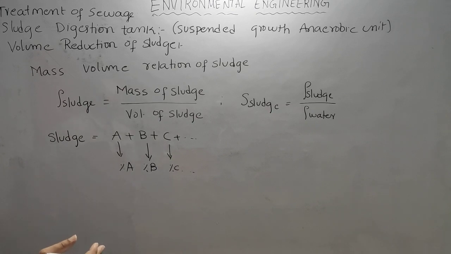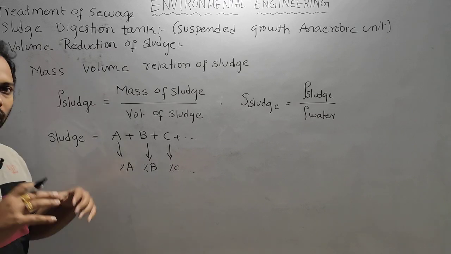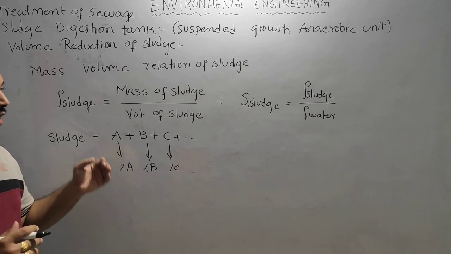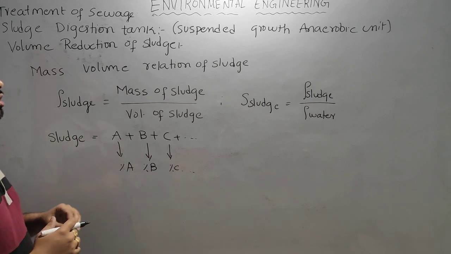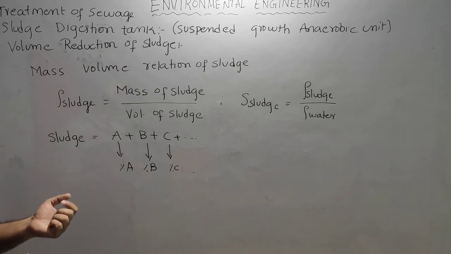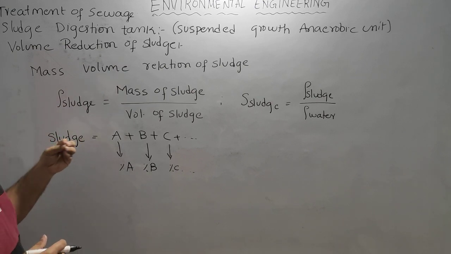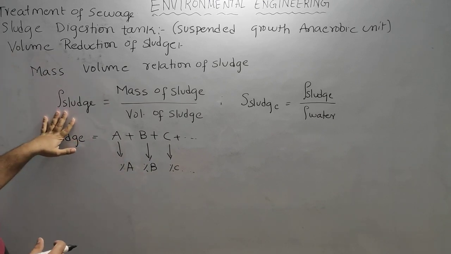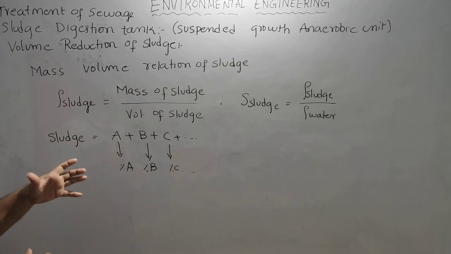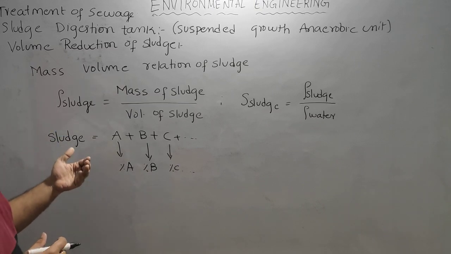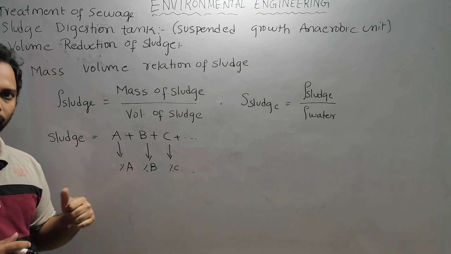The most important material deciding the sludge density is water, because sludge contains almost 95 to 98% water. That is why the rho of the sludge is near about 1000, a little more than 1000 because of the other organic matter along with the water.